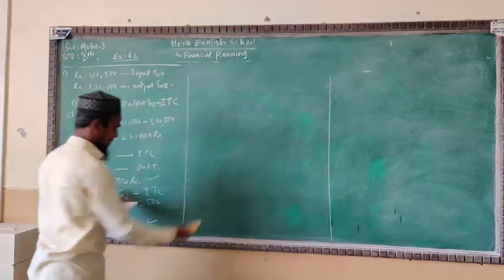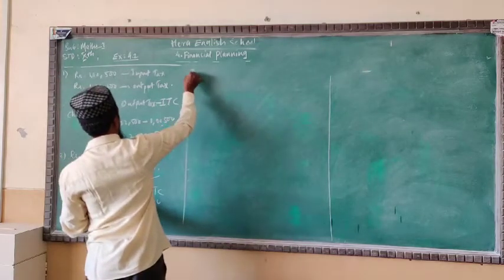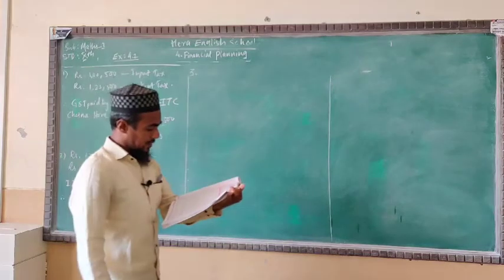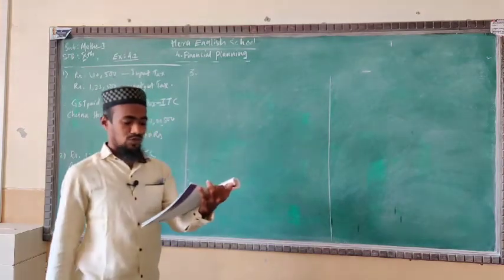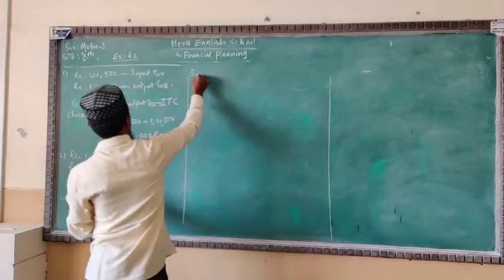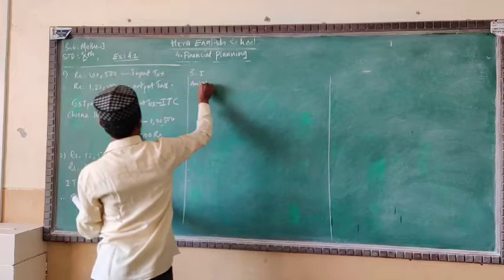Question number third one. Amer Enterprises, see very well. Amer Enterprises purchased chocolate sauce bottles and paid GST 3,800. Here see, one firm is there, Amer Enterprises.